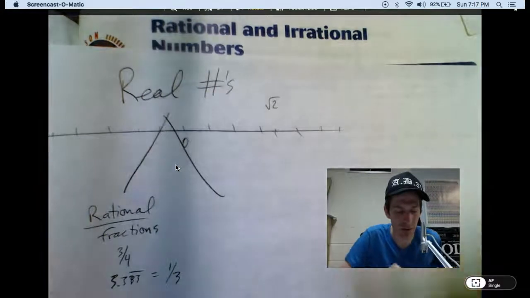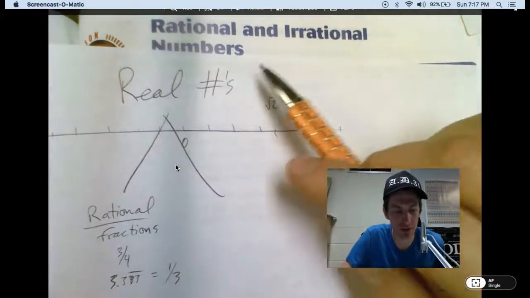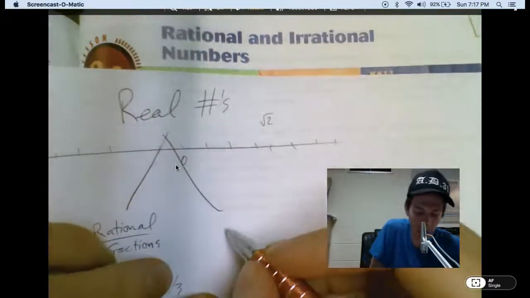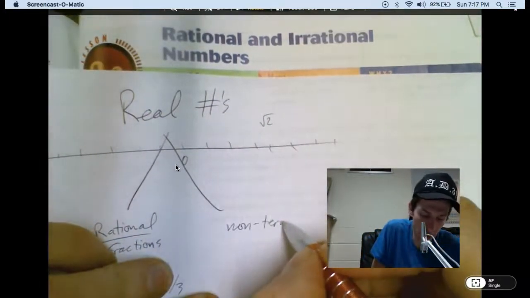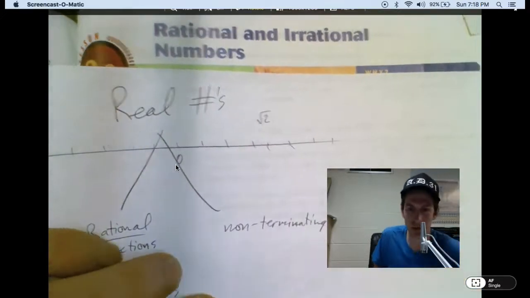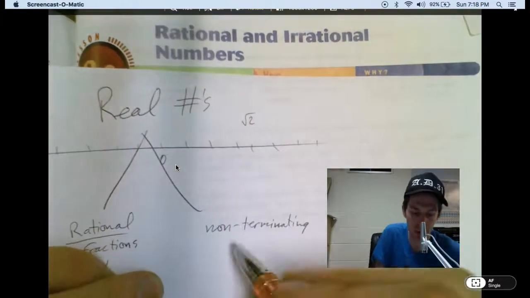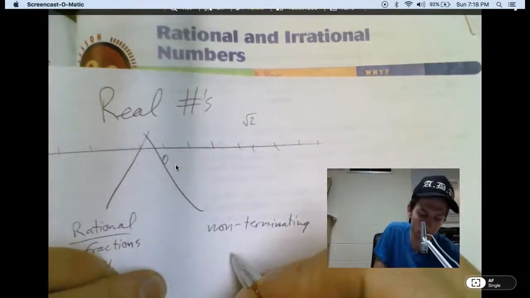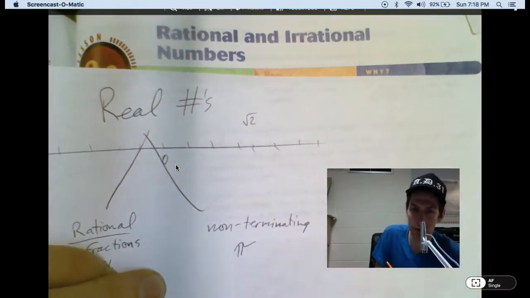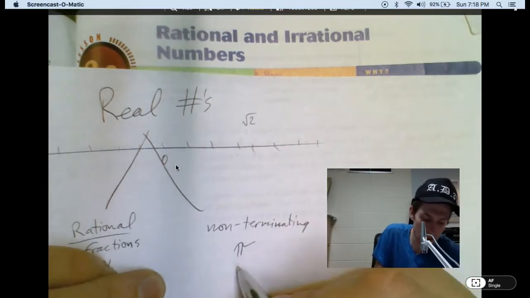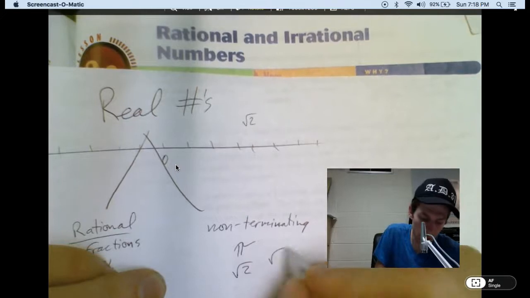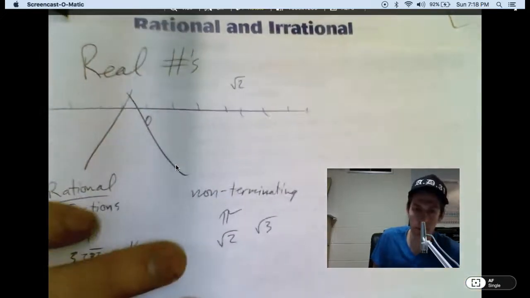Irrational numbers cannot be written as a fraction, and these are non-terminating, non-repeating decimals. For example, pi is irrational because it goes on forever in randomness. The square root of 2 goes on forever in randomness, and the square root of 3 would do the same.